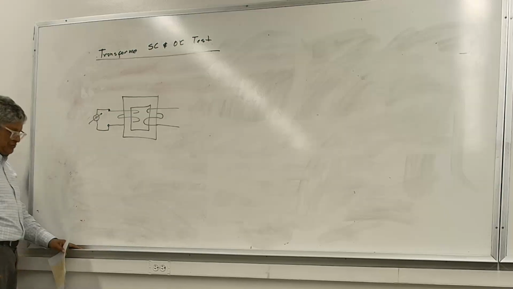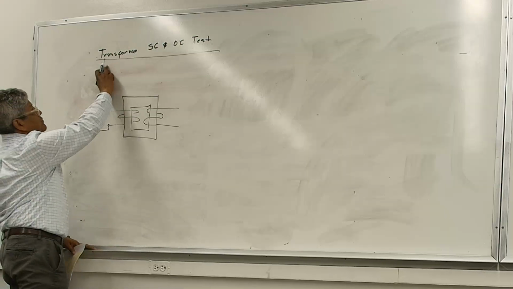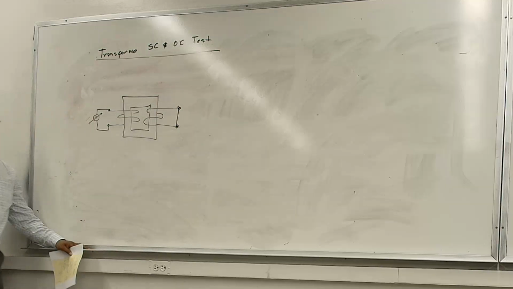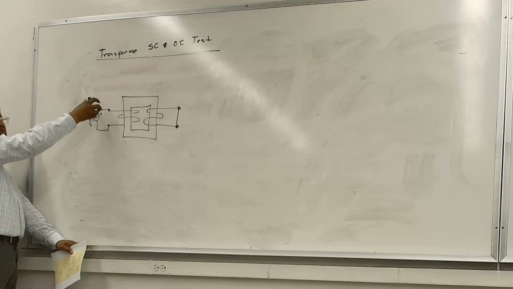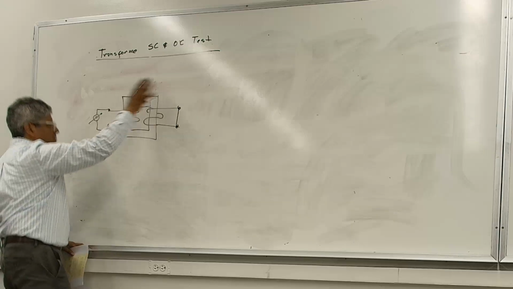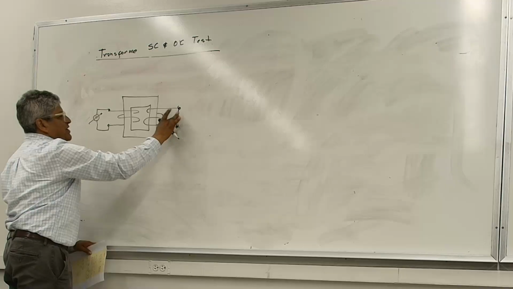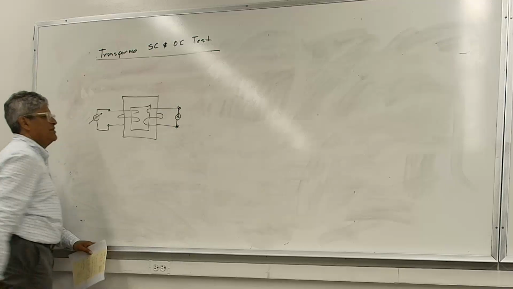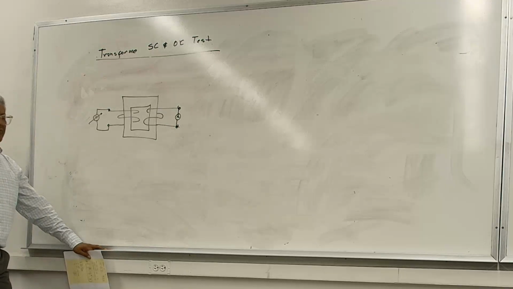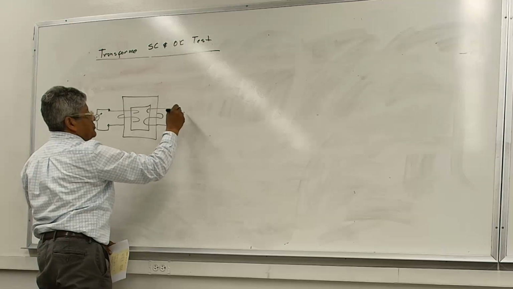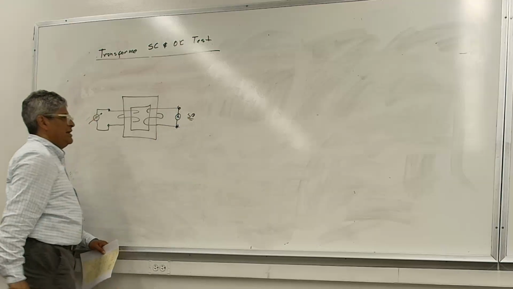You just have to have the source on one side. The first test is the short circuit test. You short the secondary side of the transformer, then start increasing your voltage and take the necessary measurements. This one is really an ammeter right here, and ammeters have very low impedance, so the current basically goes right through it. So that's your short circuit test.